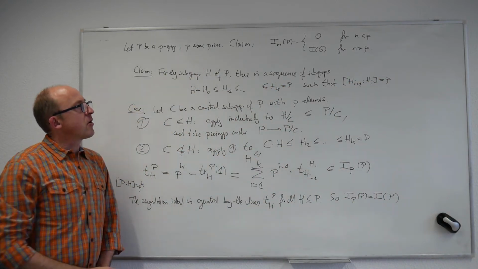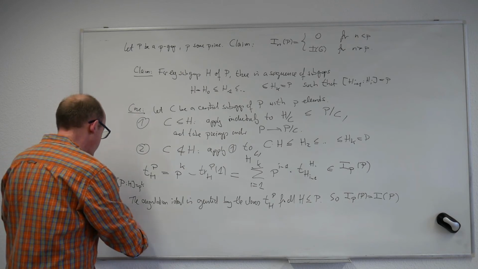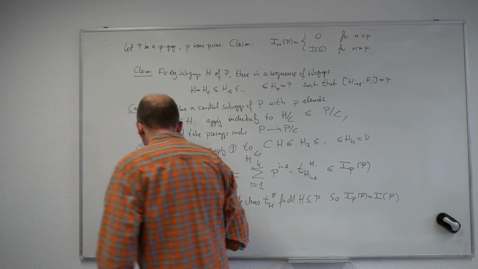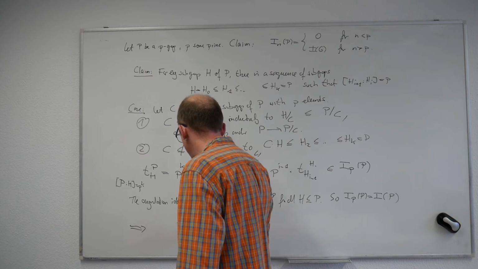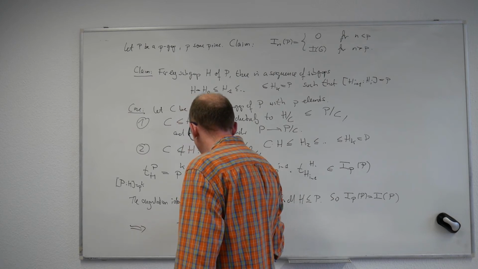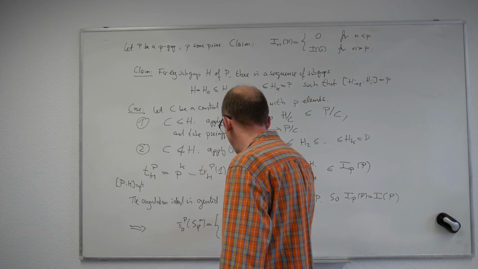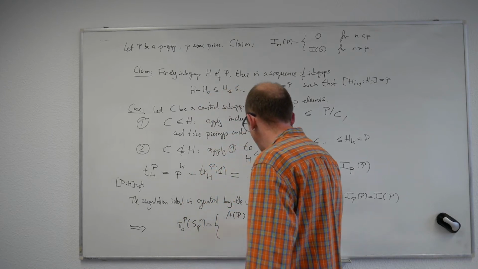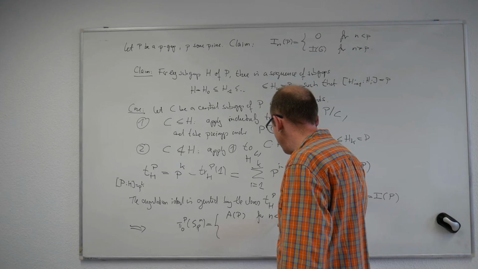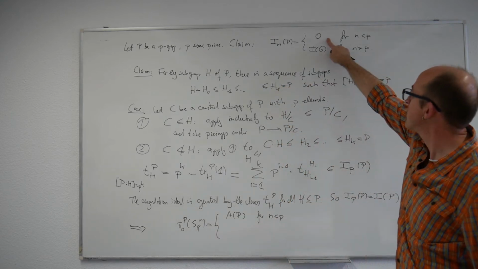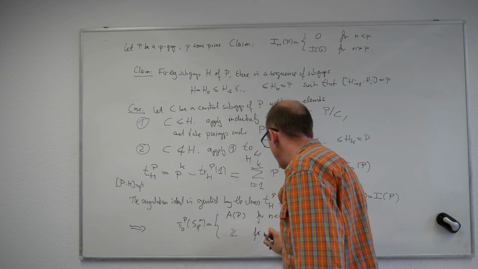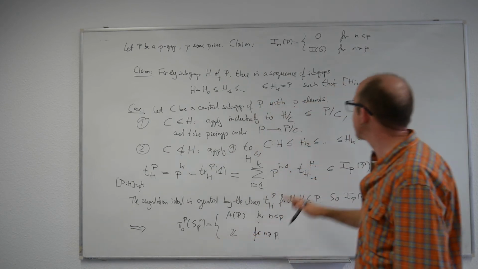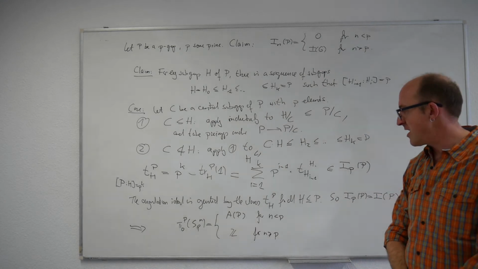So this completes the claim up there, and so we can, in particular for P groups, determine the zeroth P equivariant homotopy groups of the symmetric products, and we get two cases. We get the full Burnside ring for n less than P, because in this situation we're not dividing out by anything, and we just get Z for n greater or equal to P, because in that situation we're dividing out the full augmentation ideal.